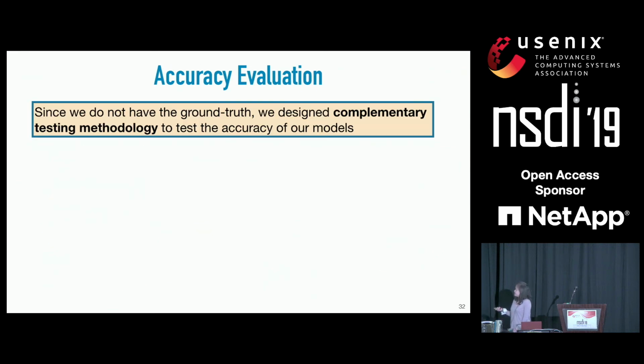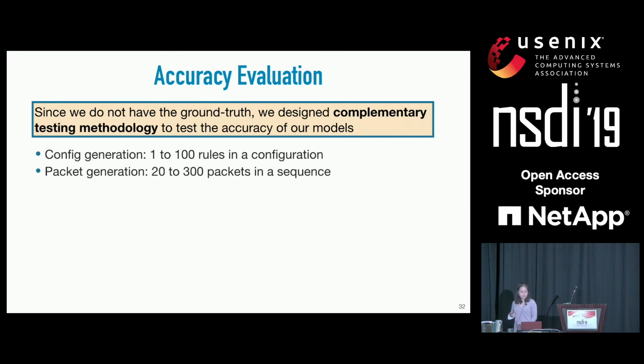Let's look at the accuracy. For real NFs, you don't have the ground truth, so we designed a complementary testing methodology. We generated configurations ranging from 1 to 100 rules and generated packets using 20 to 300 packets. In our definition, accuracy is the percent match between the model prediction and the real NF. Using iPerf testing, we show 100% accuracy.